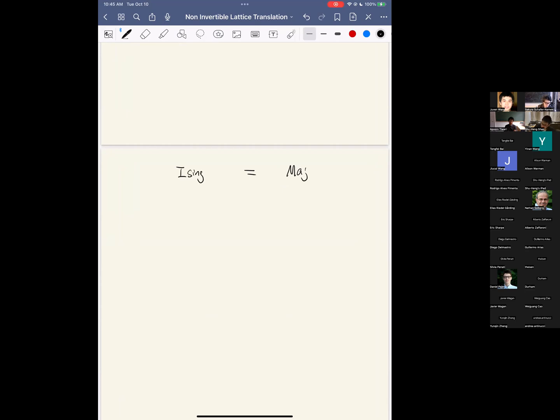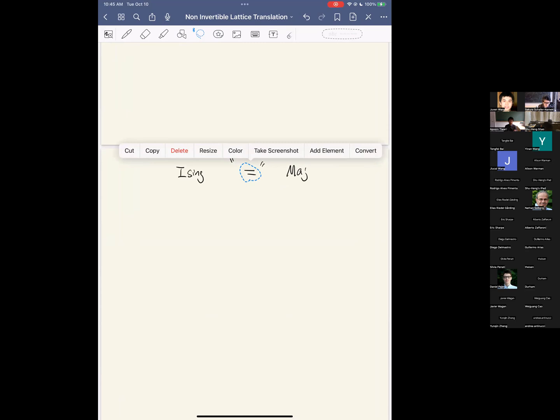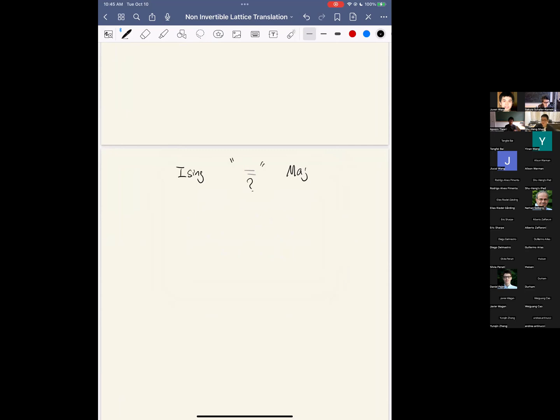So we have to pay more attention to what this equality means. And all the non-trivial facts come from these equalities. So let me put the quotation marks. Let me also make the color gray. And let me also put a question mark. And we'll see a lot of subtleties that follow.